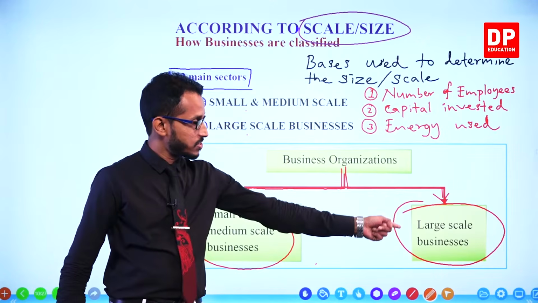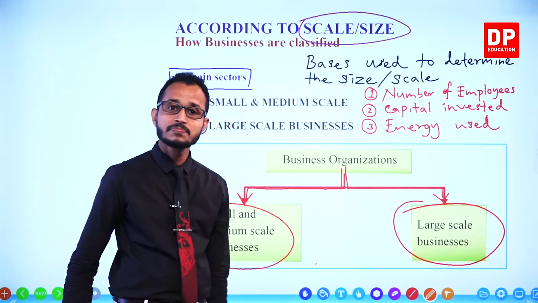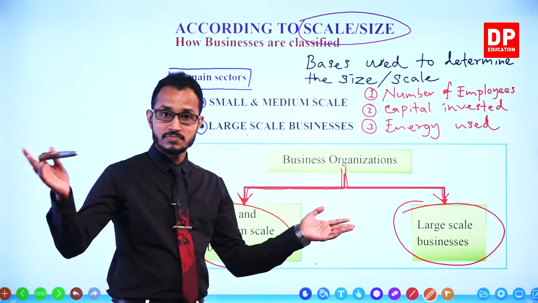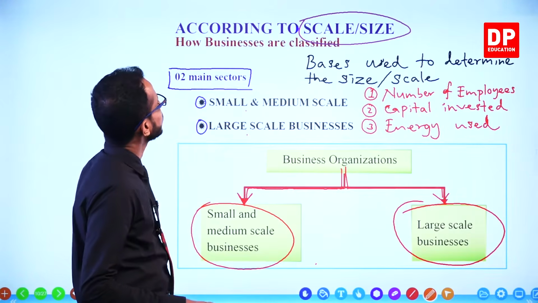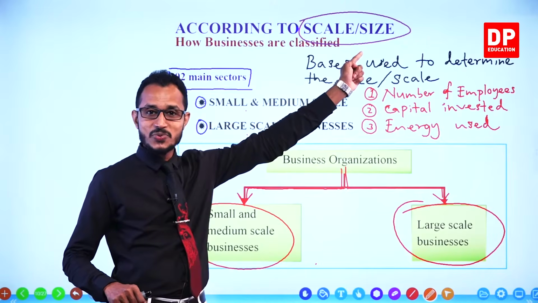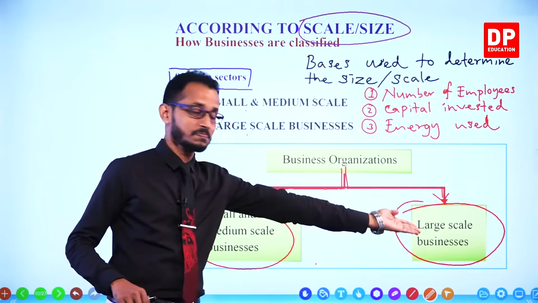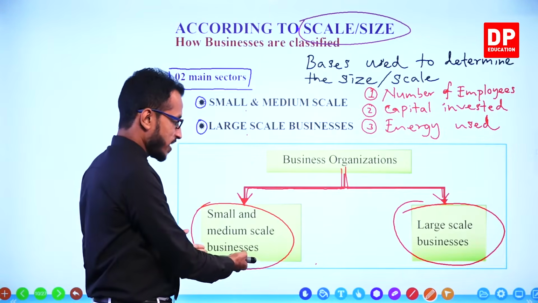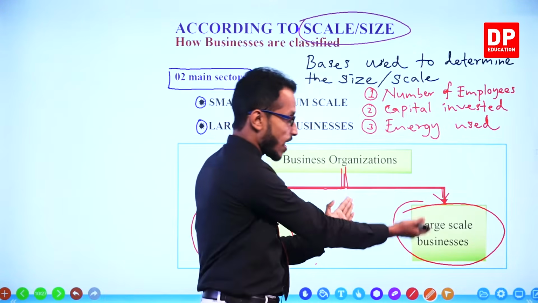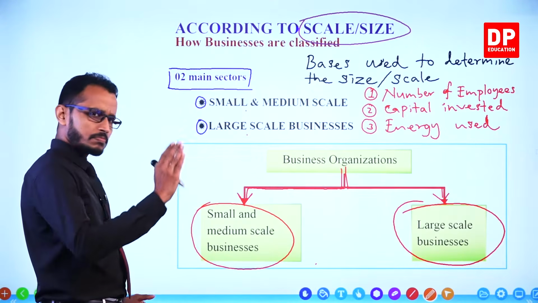What businesses do you know that fall into that category? All right. So according to scale or size, children, we divided businesses into two main groups: small and medium, and large scale businesses. Let's move on.